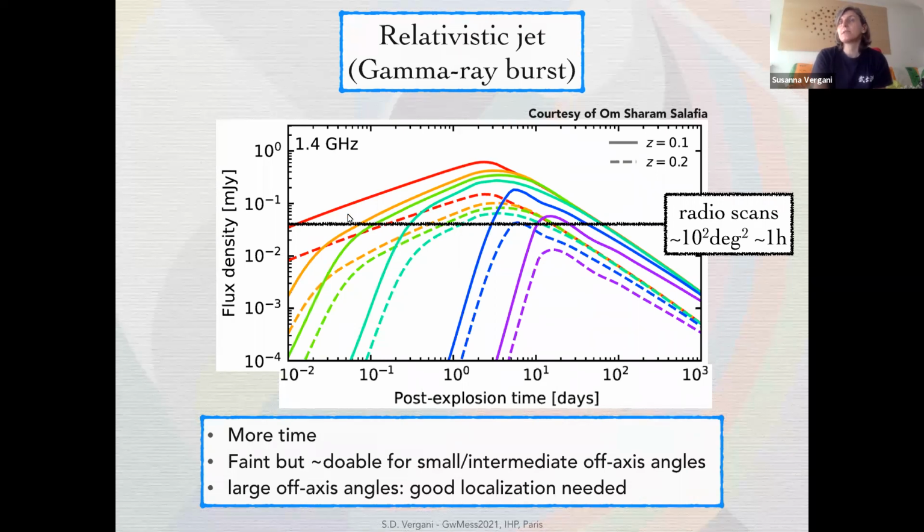And this is the limit of the radio surveys of nowadays: they can scan 10 square degrees in 1 hour with such limiting fluxes, okay? So the detection is doable at small and intermediate off-axis angles. And if not, it becomes more and more difficult.